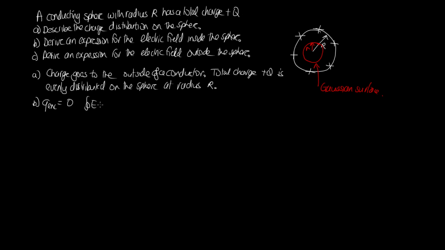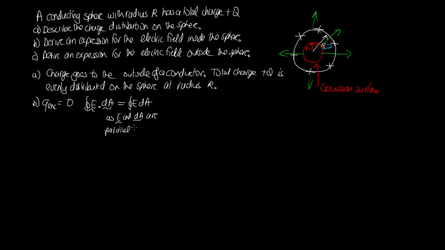And now we can make use of Gauss's law, the electric field times the surface area. In this case, we'd expect the electric field to be symmetric, so going out like this. If there is an electric field, it should be going in this direction. And we've got dA, which is going out from our sphere. So these are parallel, so we can write this as E dA, as E and dA are parallel.